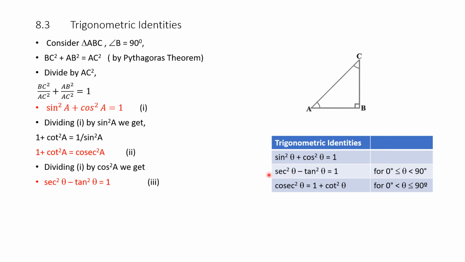The first identity is sin squared theta plus cos squared theta is equal to 1. The second identity is secant squared theta minus tan squared theta is equal to 1, and cosecant squared theta is equal to 1 plus cot squared theta. These relationships are applicable for angle theta lying between 0 and 90 degrees.